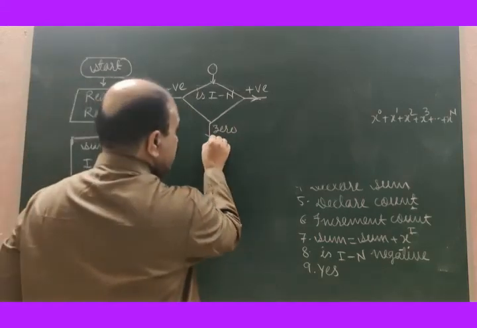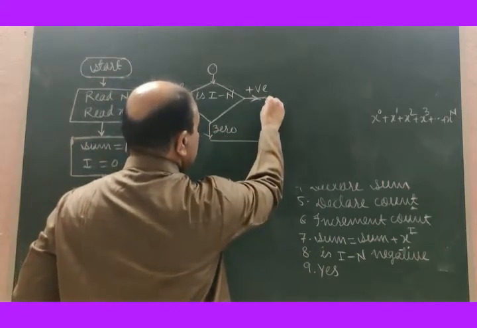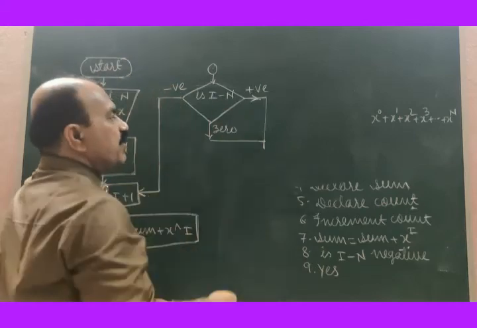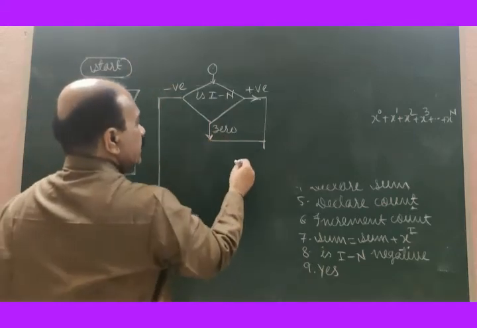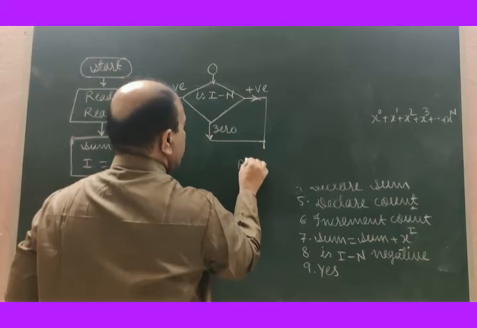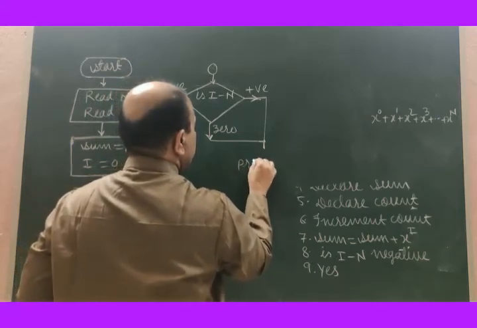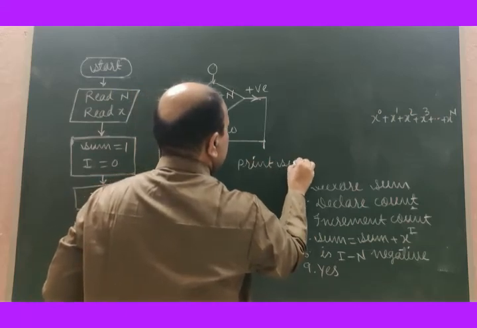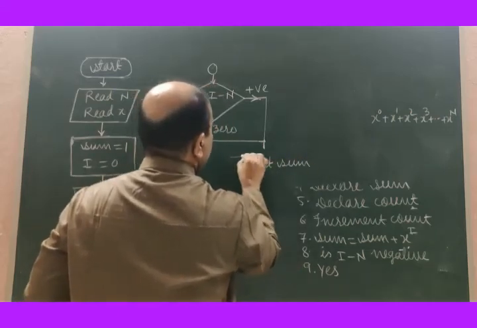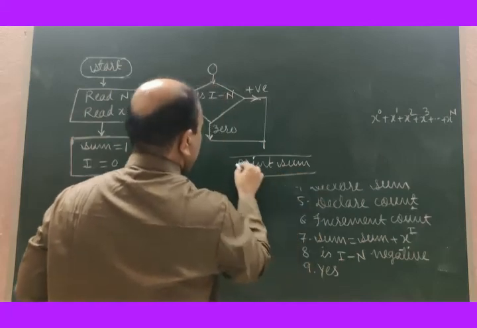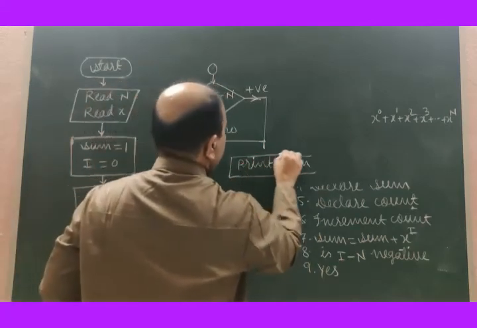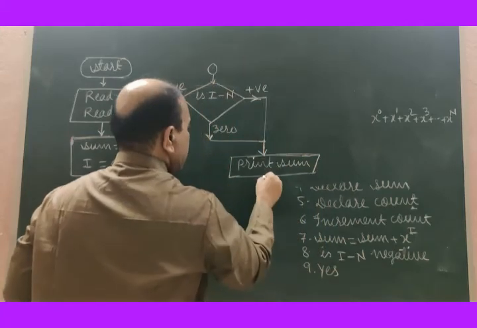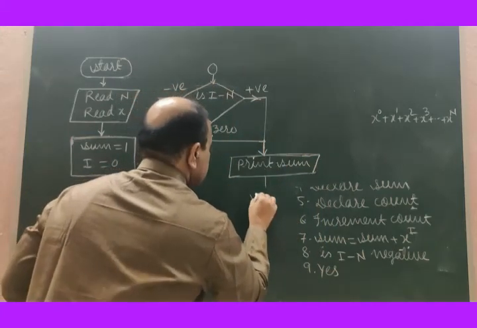When it becomes 0 or positive, print the sum and finally stop.